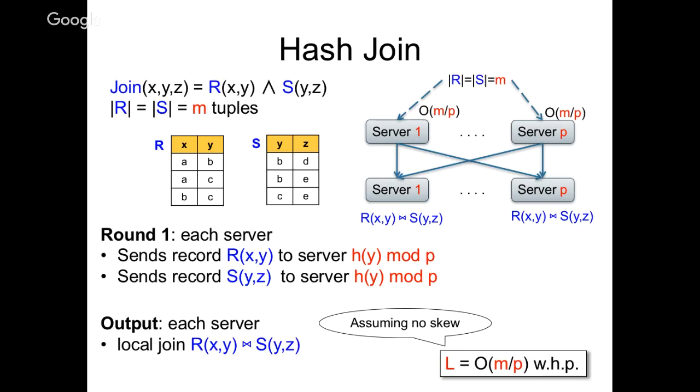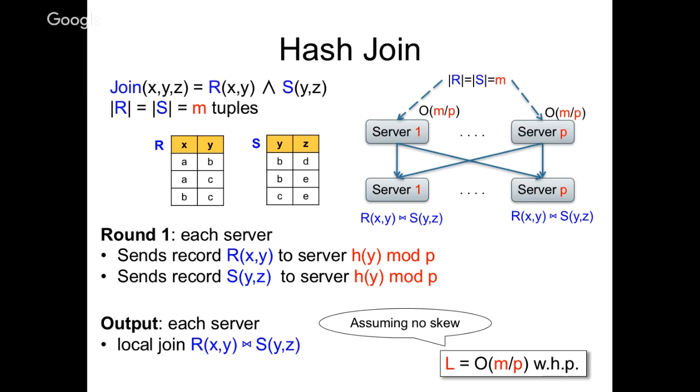However, there is a big caveat. It's going to be M/P only if the data has no skew. And what I mean by this is that no value of the Y column occurs too many times to overload one of the servers.